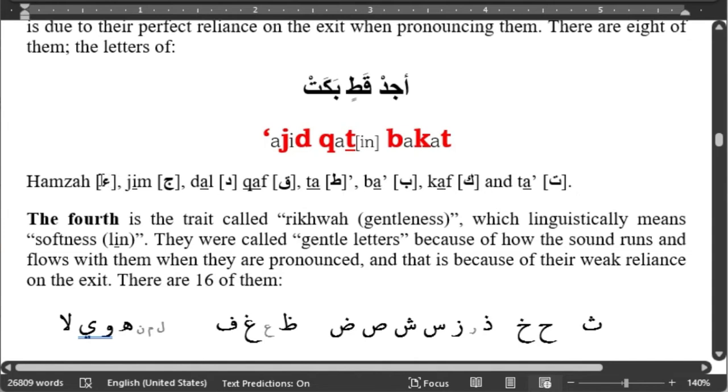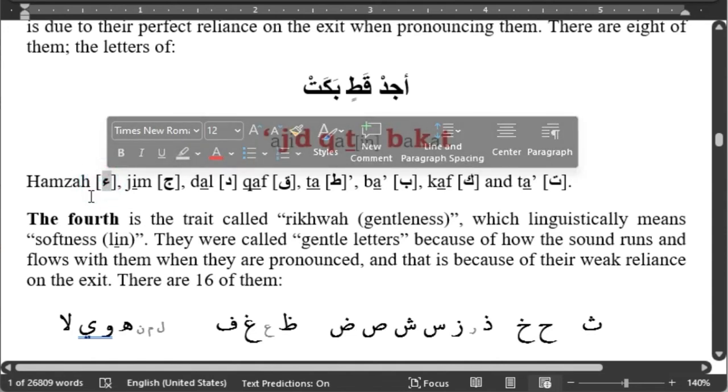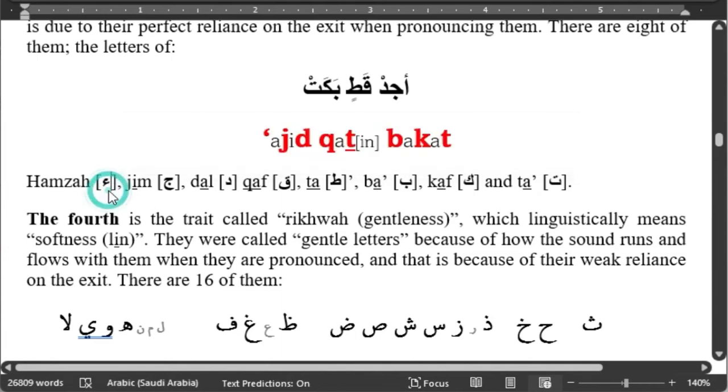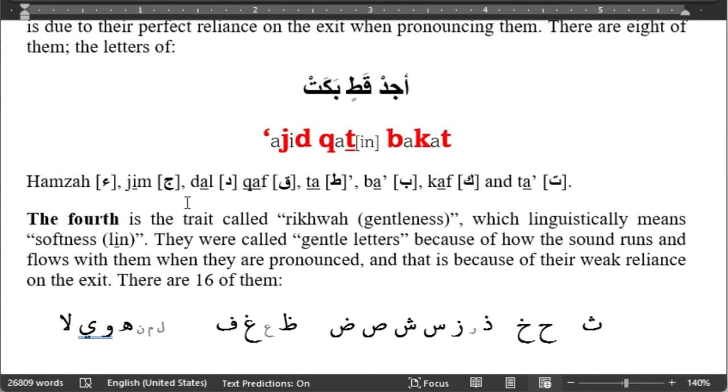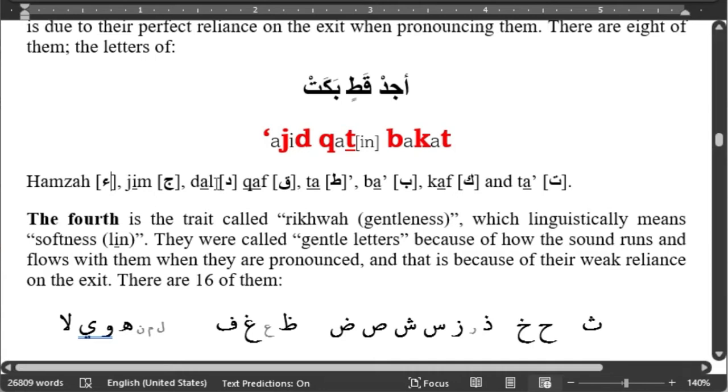So I gave you an example, Ba. I told you it stops the air, but not just that, even the sound. Ba, Jim, Thajjaja, Ma'an, Thajjaja, stops the air.